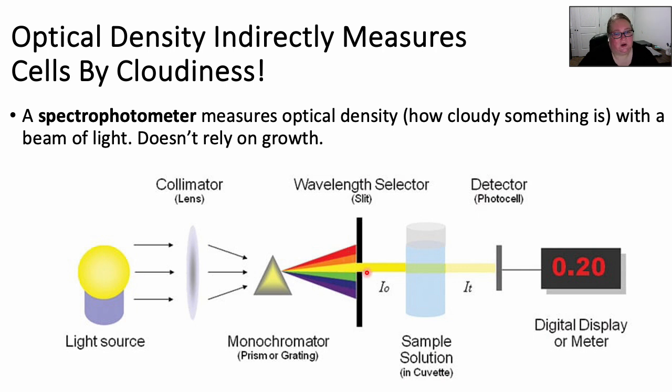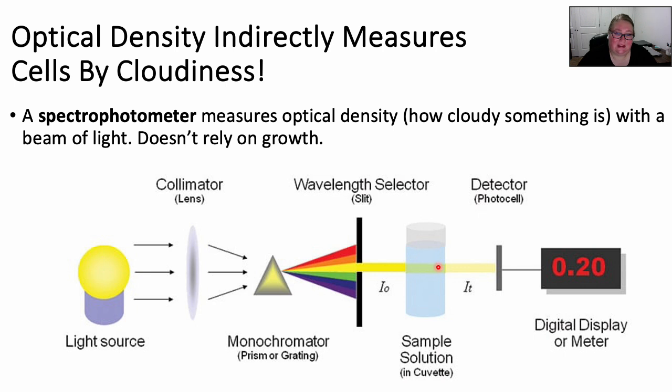So we are going to know how much of this light is going into the sample when we shine it through. Okay, so we're going to shine it. If it's a really cloudy sample, it's going to block the light. The light's not going to make it to the other side of the sample.